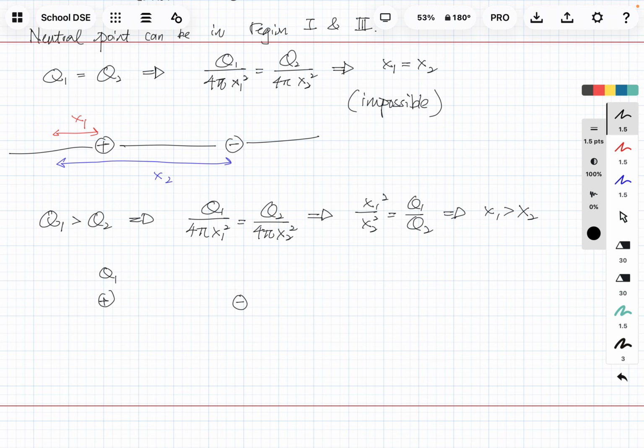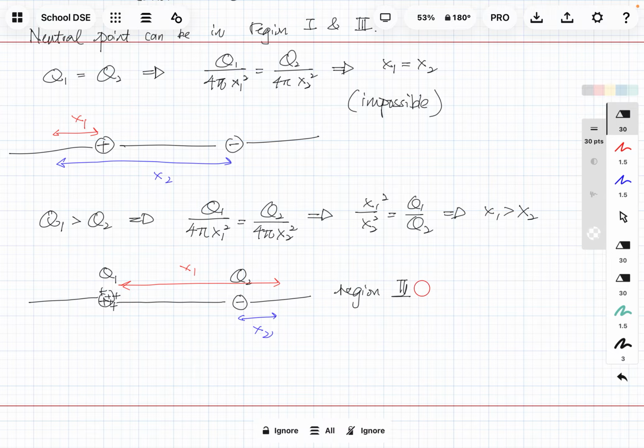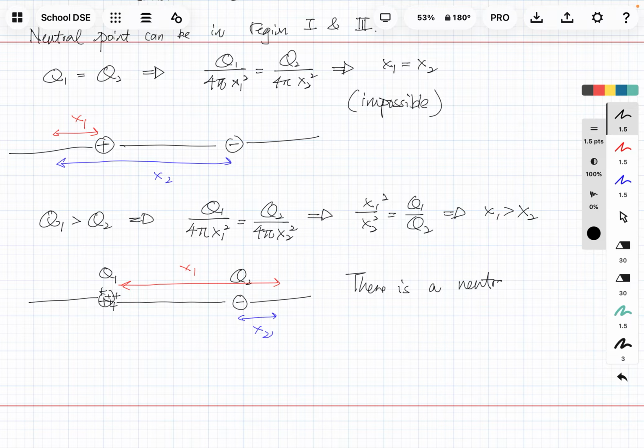You have two bar magnets, with one north pole and maybe another north pole as well. This north pole will produce a magnetic field this way, and the other north pole will produce a magnetic field this way. So at this location, there's a chance you find a place with no magnetic field, because the two fields are identical and cancel each other.